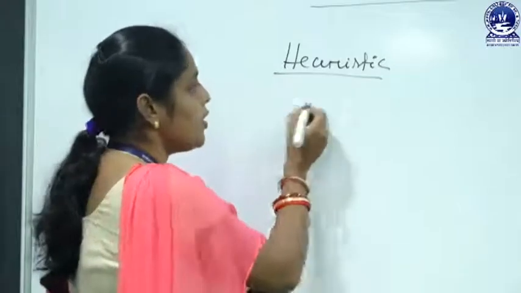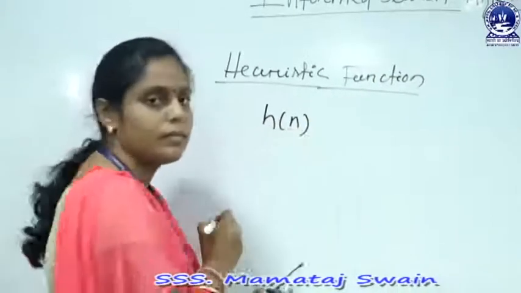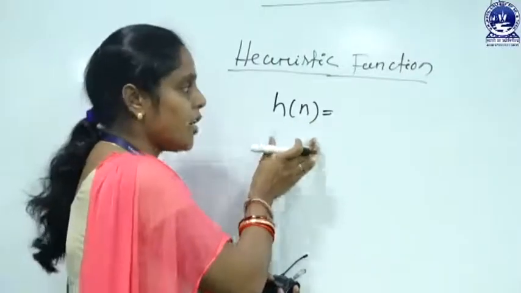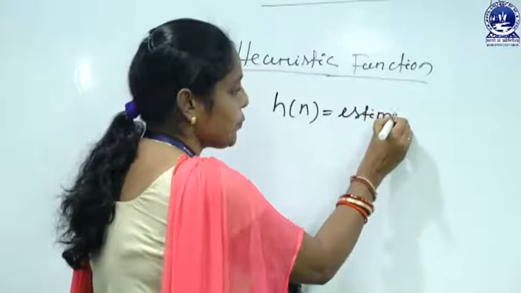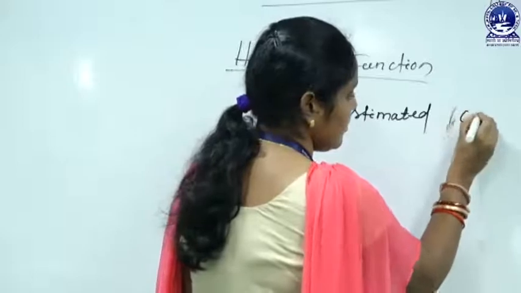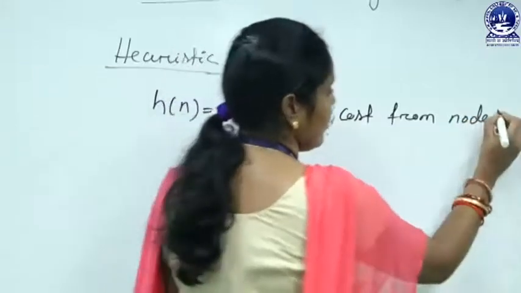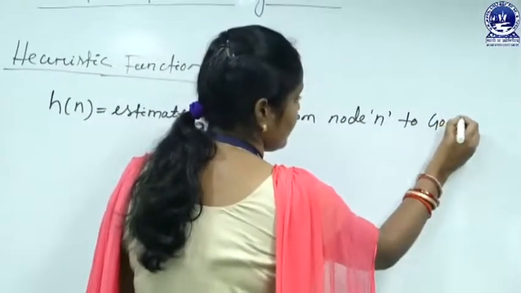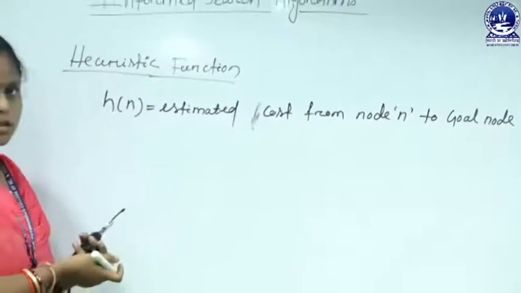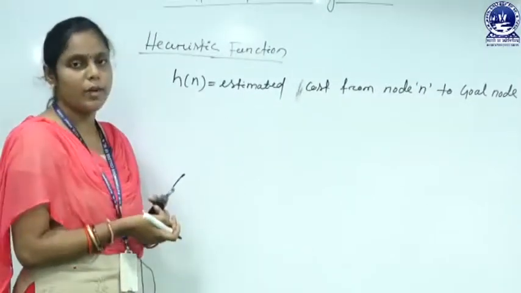It is represented by h(n), which is the estimated cost from node n to the goal node, and it is the lowest cost.